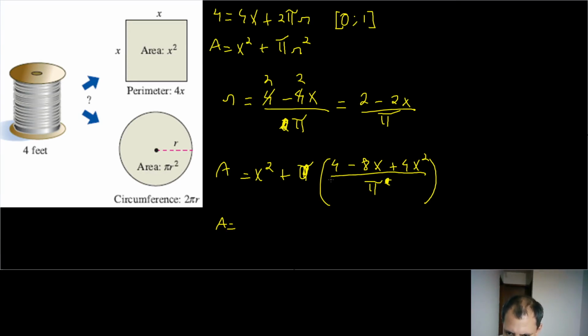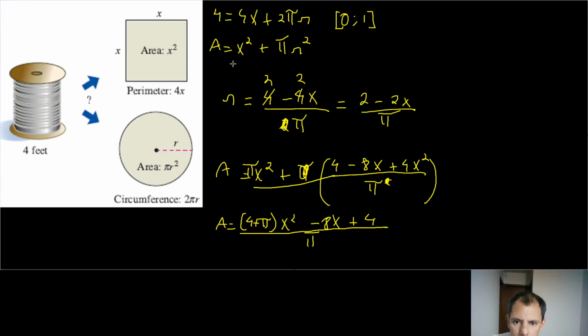I gotta put a pi here because you see this is a fraction, this is not a fraction. So in order to extend here, I have to put a pi here. Alright? So in x squared, you got an x squared here, but what is the coefficient? It's going to be 4 plus pi. Minus 8x plus 4 divided by pi.